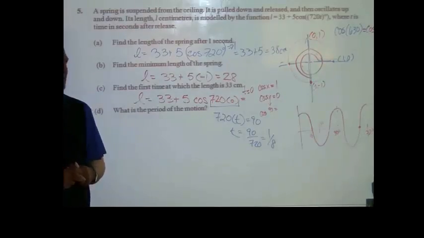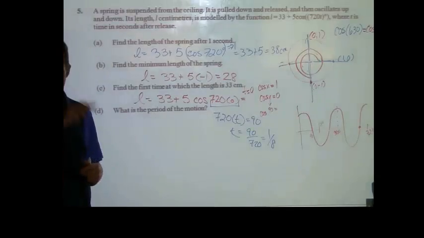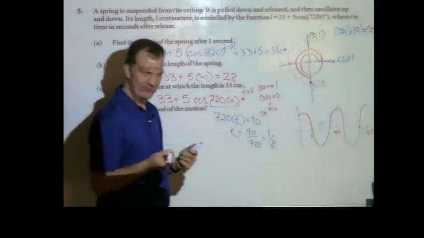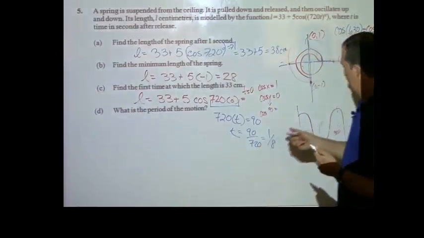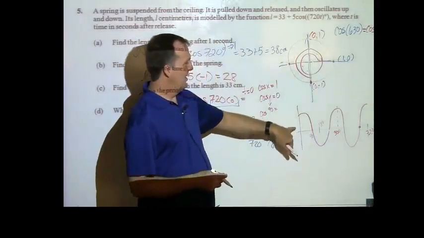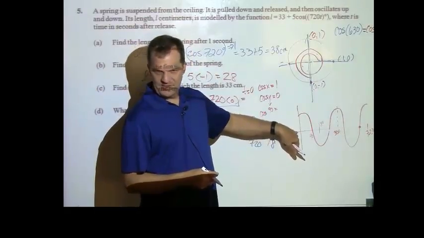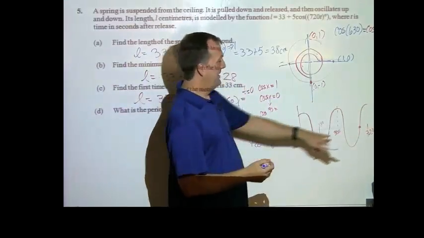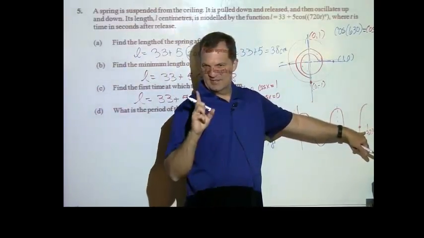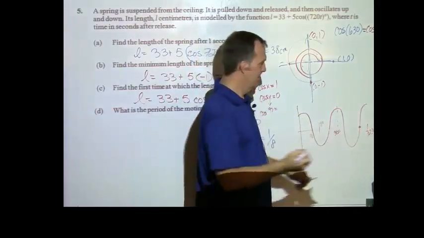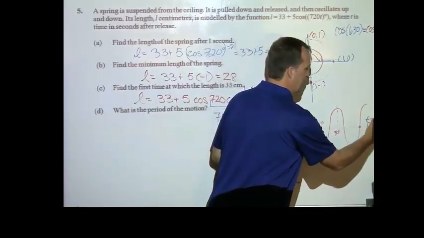I might be changing my mind. I might like using the wave graph instead of the unit circle. Here's why. Here's the graph, and we drew it all the way out to 720, which is t equals 1.